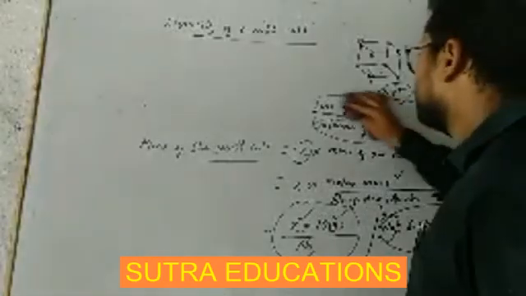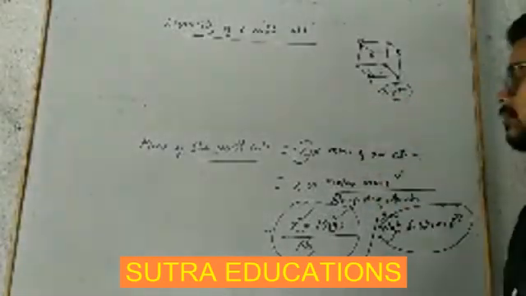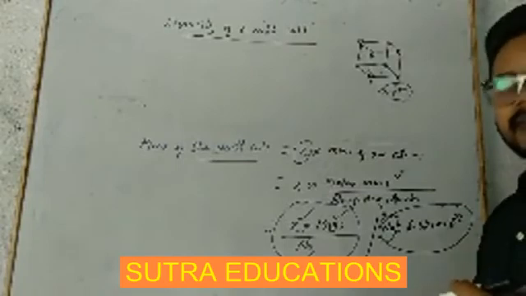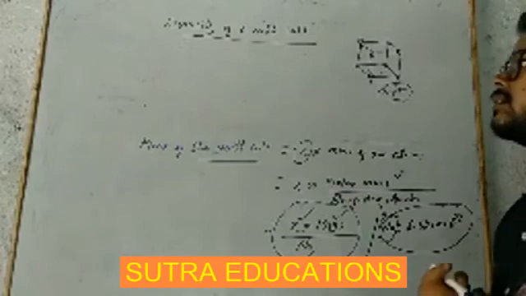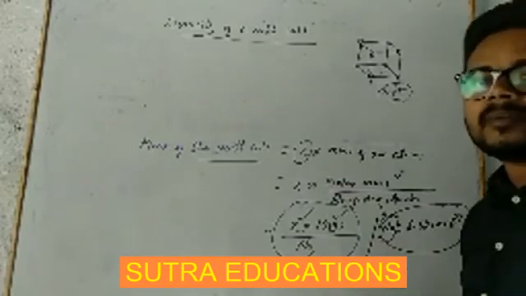We have to calculate the edge length of the unit cell. We have supposed the edge length of the unit cell to be equal to 10 to the power minus 10 centimeter.